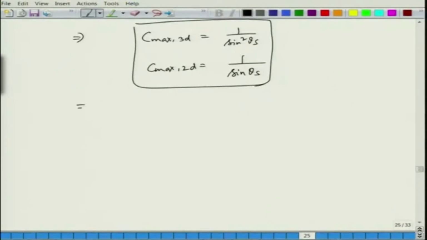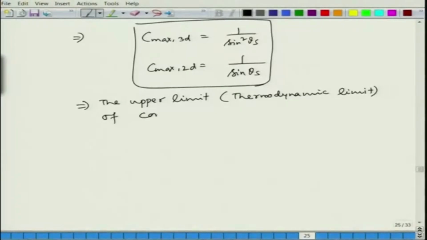Both of these give the upper limit, or thermodynamic limit, of concentrator optics.